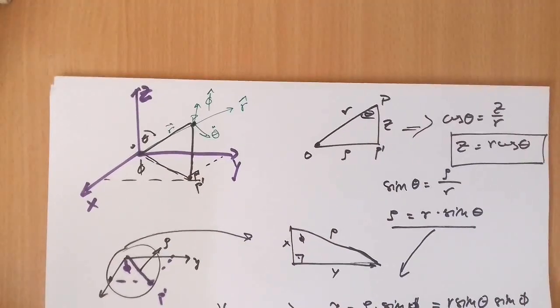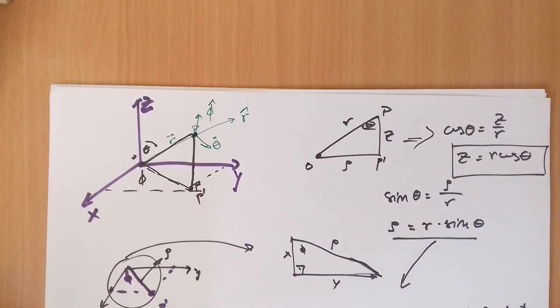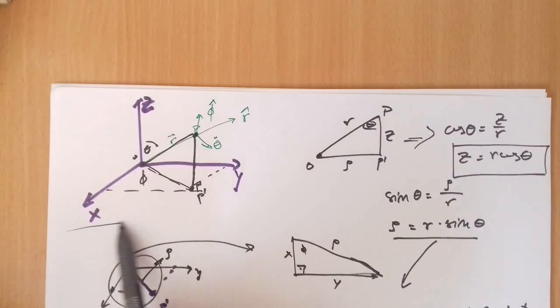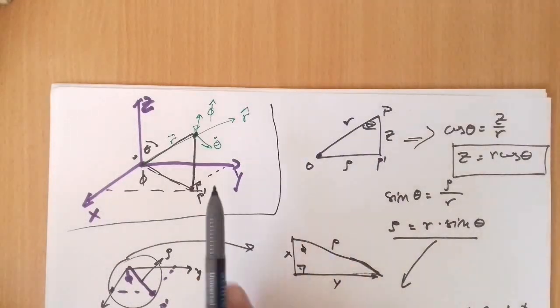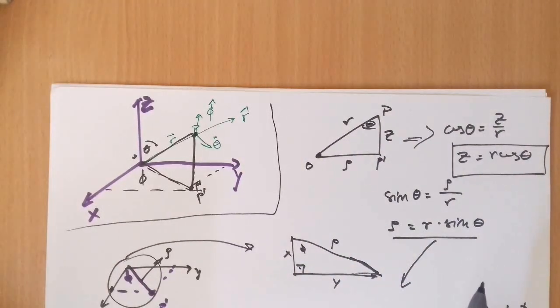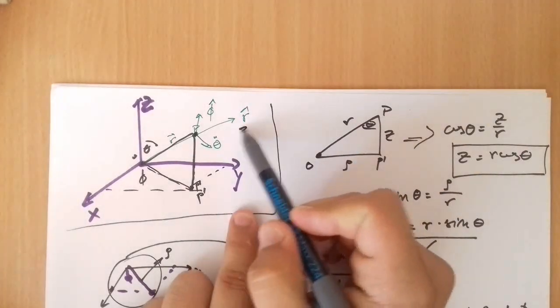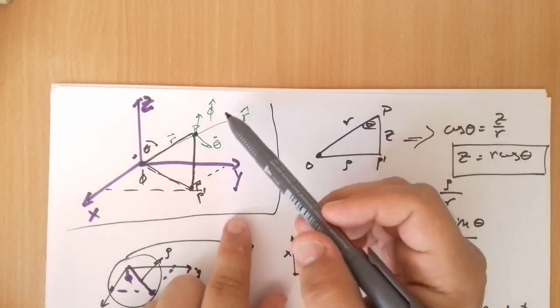I'm going to go back to this picture. In this one here, we have to introduce the unit vectors r roof, this one, theta roof, and phi roof.